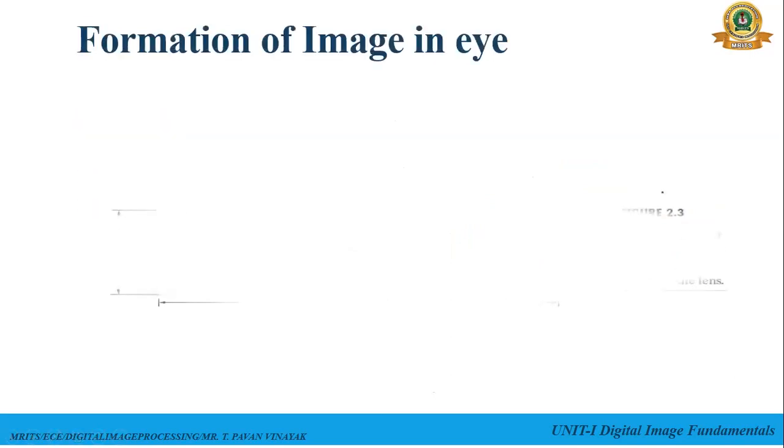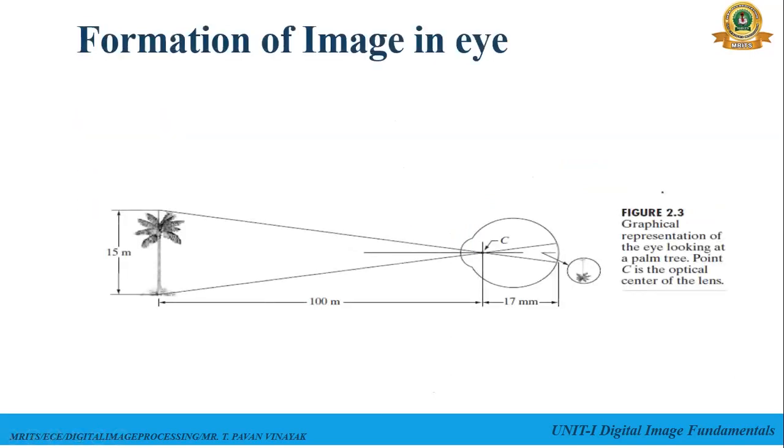So let us see how the images are formed. Let us consider this is the one image. How is it formed? It is formed in inverse form, at the fovea region.